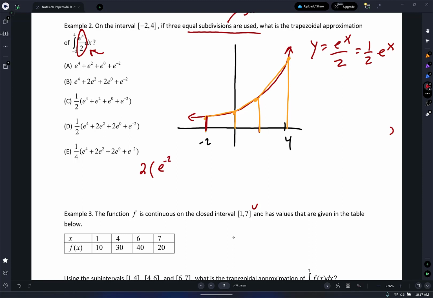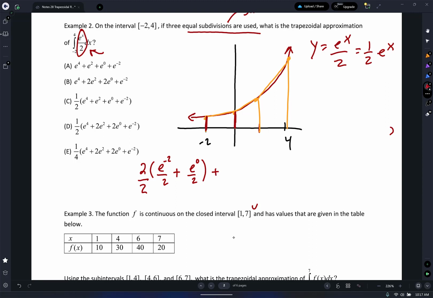So e to the -2 over 2 plus, that's base 1. I need the other base. That one is at 0. E to the 0 over 2. Close it. Okay, I'll wait. Base 1, base 2 times height, and all this is divided by 2. So I'm going to put it like that.